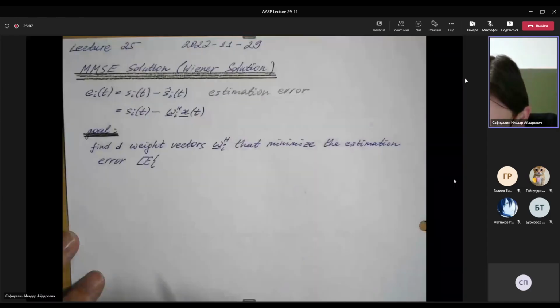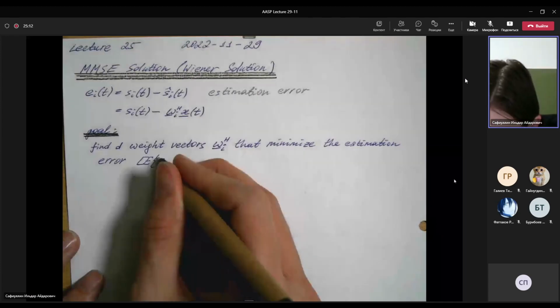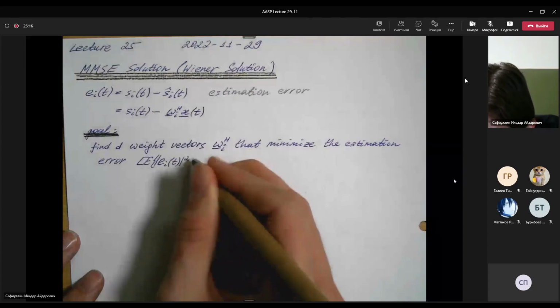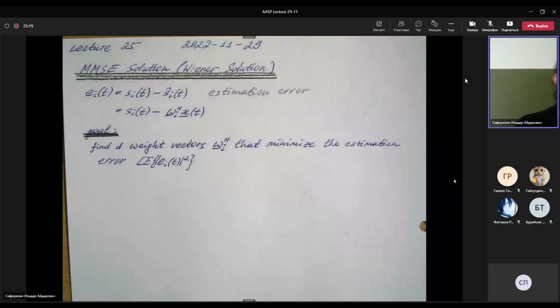So E sub I, absolute value of t squared. So this is our goal.